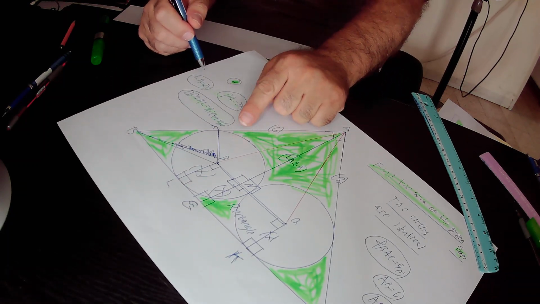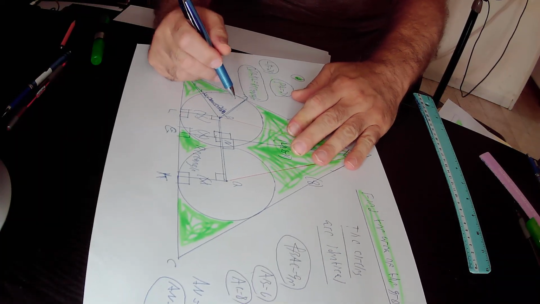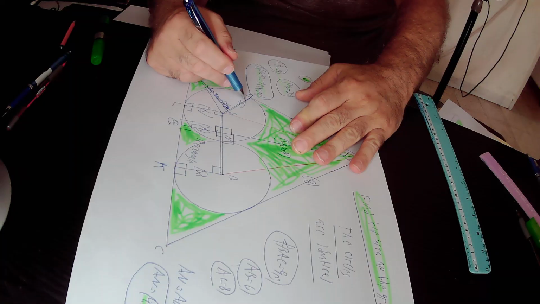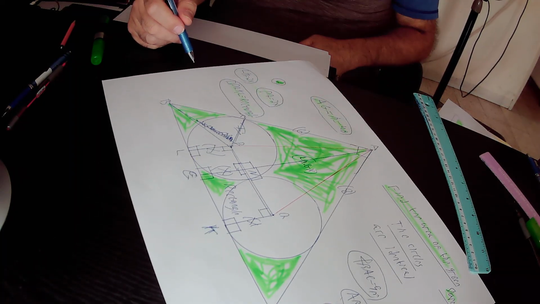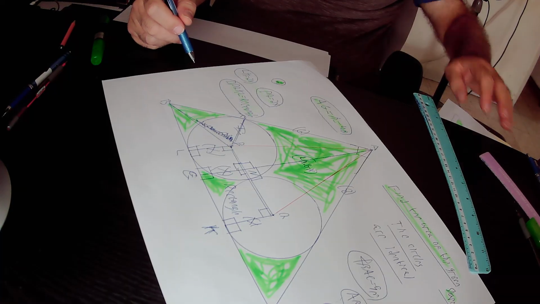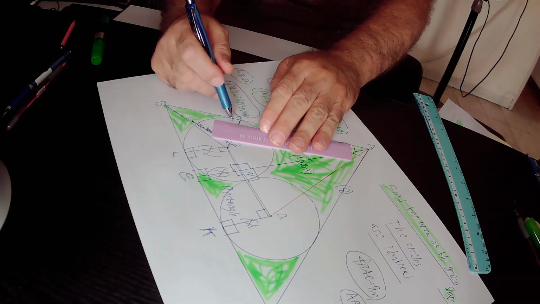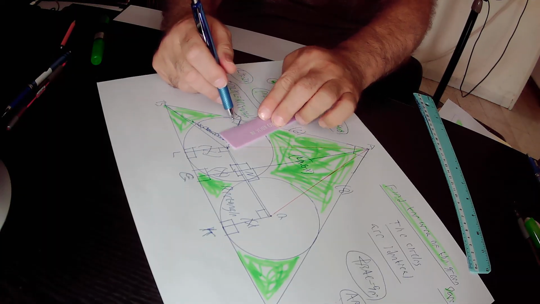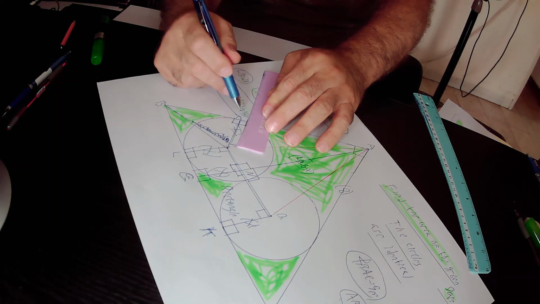PF is of course the radius of the circle and equals x. Point F is the point of tangency of tangent AB with this circle, and therefore, according to rule 1, this angle equals 90 degrees in its size, and this angle also equals 90 degrees.